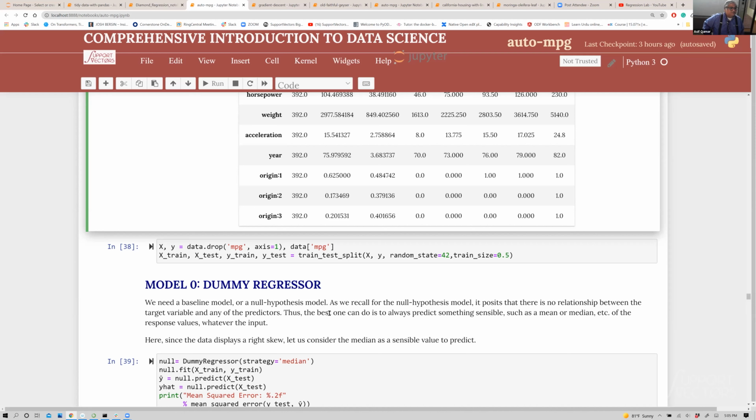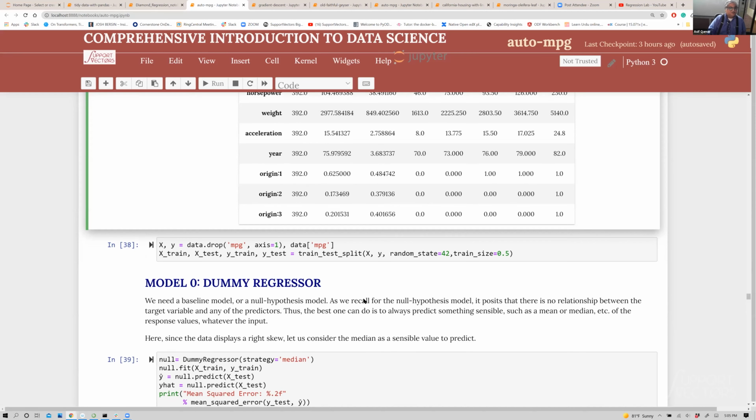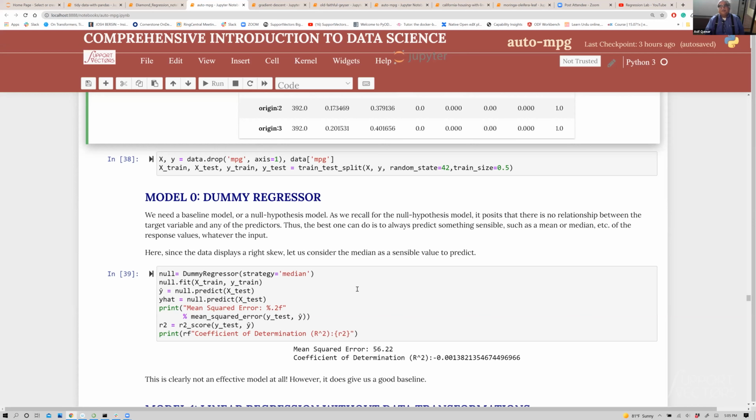What the dummy regression will do is, if you ask it to predict something, it will ask, should I predict the mean, median, something? Remember, the null hypothesis would just return you the mean of the target variable. Do we remember that, guys? The null hypothesis returns the mean of the target variable in the training data, always as the prediction. Whatever the input, it will always predict that mean.